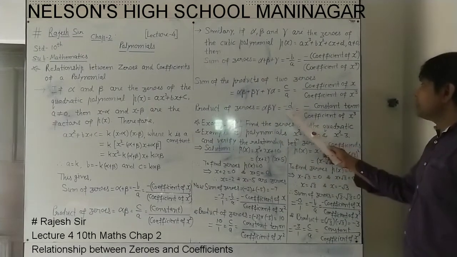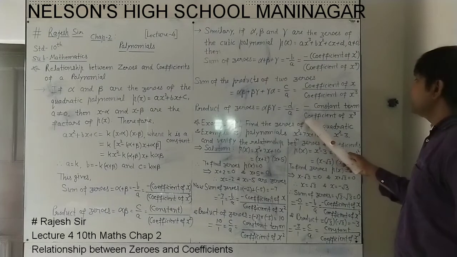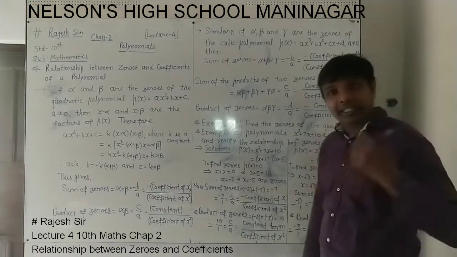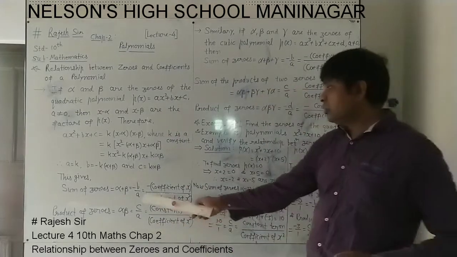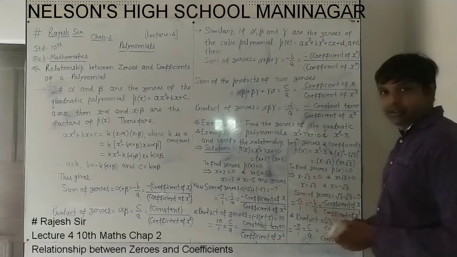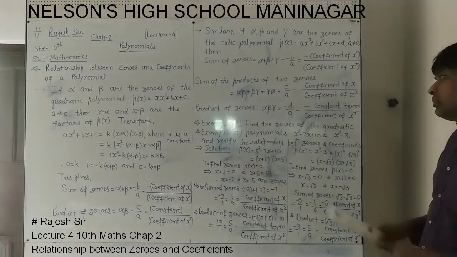So minus, as what is d? In this case d is the constant term, upon a, which is again the coefficient of x cube. So this way, for the linear we have seen in the last lecture, and for quadratic these are the zeros and their relations with the coefficients of the polynomials, and for cubic as well. So it will be useful in the examples also.